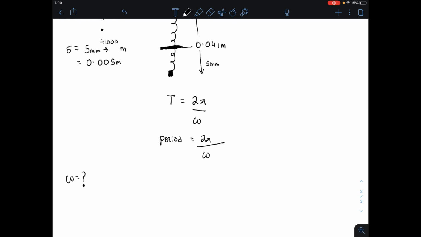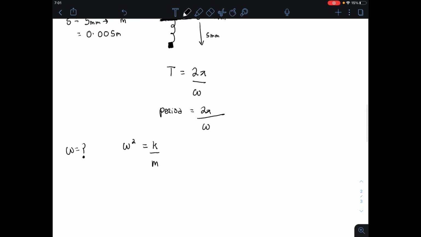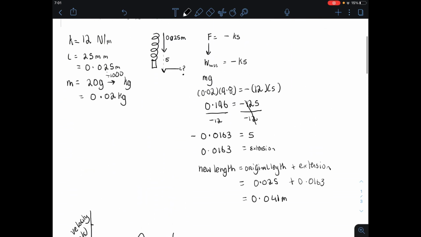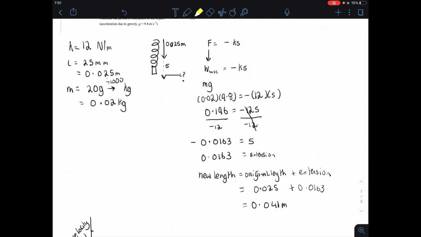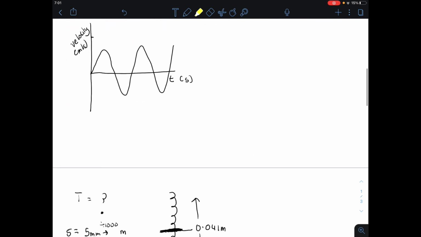Our object is executing Hooke's law, so to find our angular velocity we use the equation angular velocity squared is equal to k over m. This tells us that angular velocity squared is equal to k, which we find at the start of the question, and our mass, which we're also told at the start of the question.